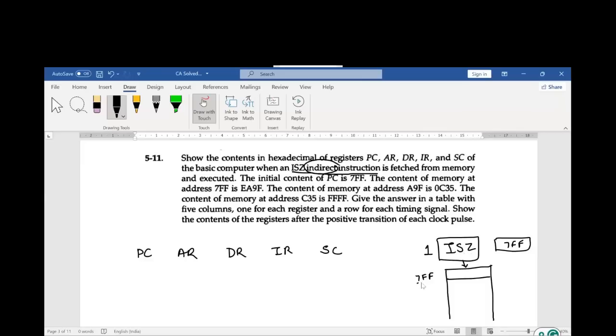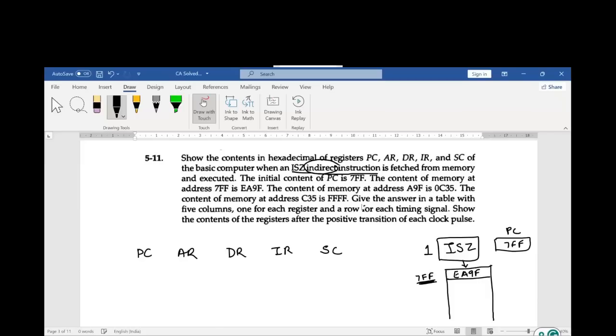Whatever is given in PC specifies the address of the instruction to be executed. So the content of PC is 7FF. At that location, you have the ISZ instruction which you are asked to execute. Let us move ahead and read the question. The content of memory at address 7FF is EA9F.